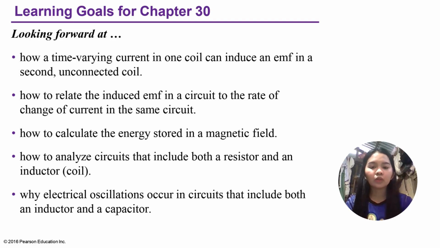Third is how to calculate the energy stored in a magnetic field. Fourth is how to analyze circuits that include both resistor and inductor. And lastly is why electrical oscillations occur in circuits that include both an inductor and capacitor.